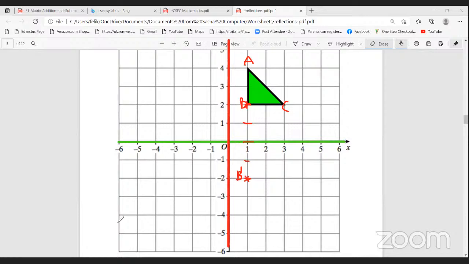Go ahead and put in the points now for C and A, and label them for me. I want you to put in the points first.